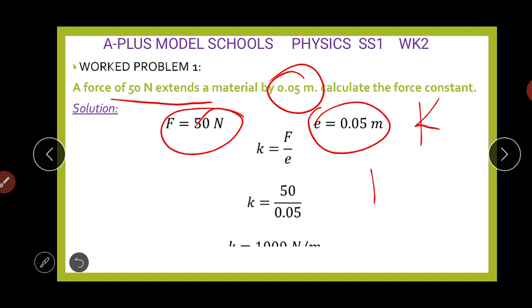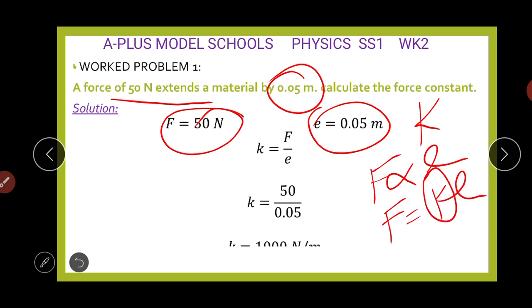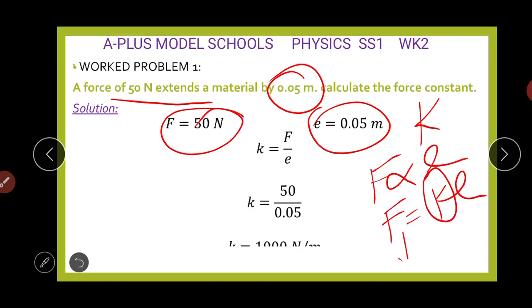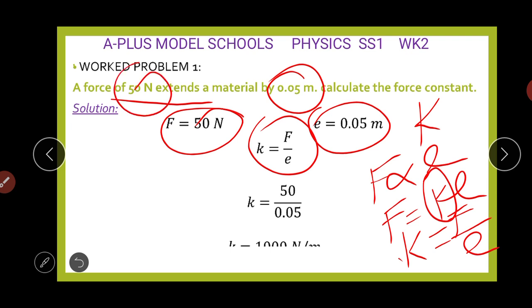I told you that Hooke's law gives F equals Ke, and K is exactly what we call the force constant. So our K, the force constant, equals force over extension. We are given the force in the question to be 50 and the extension is 0.05.